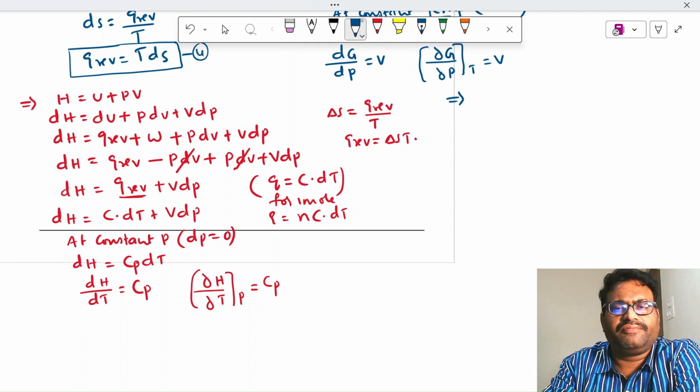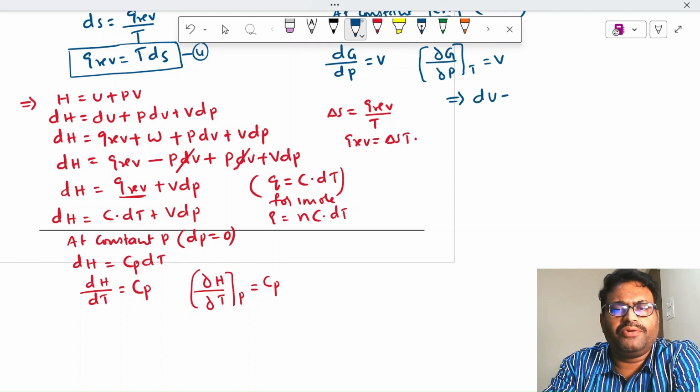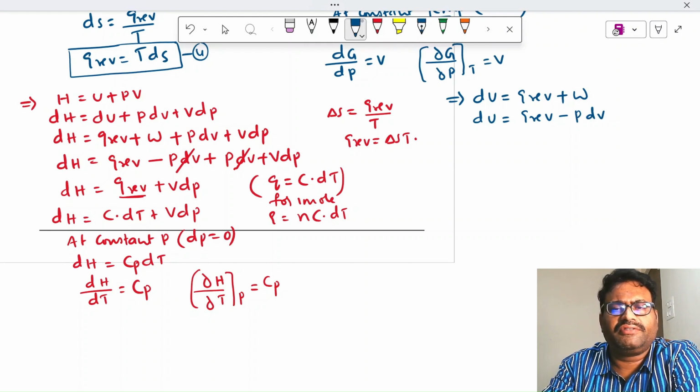We know that dU is equal to Q reversible plus work done. So dU is equal to Q reversible minus P delta V, right?